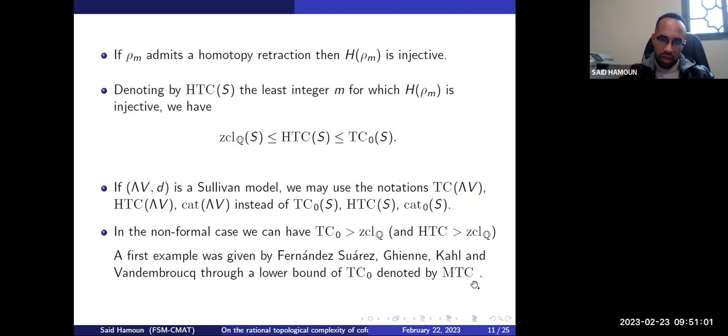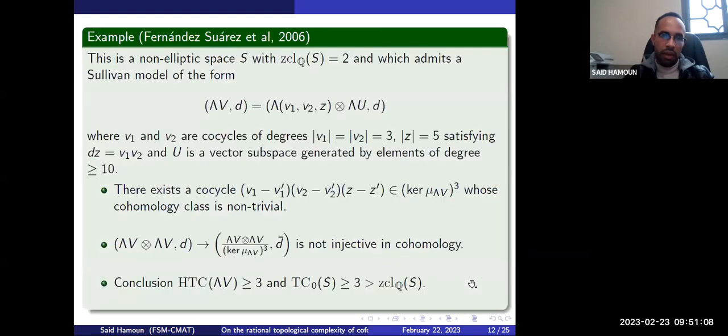And here I want to point out that MTC is defined by the fiber join. And we will see this example here by using the rational topological complexity characterization.